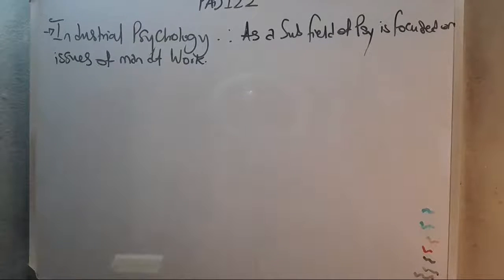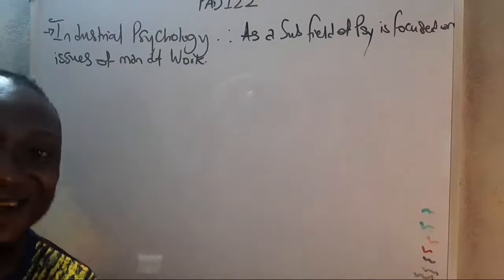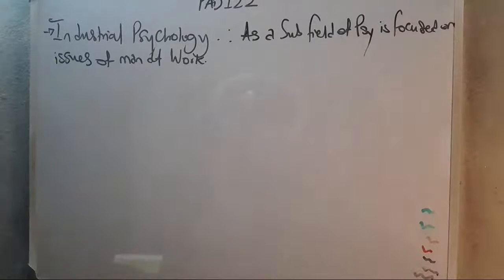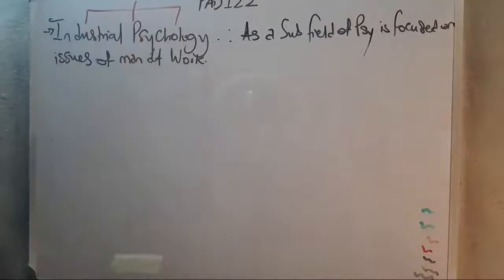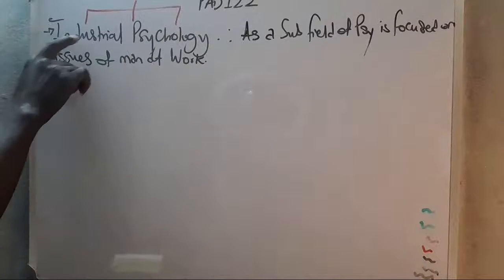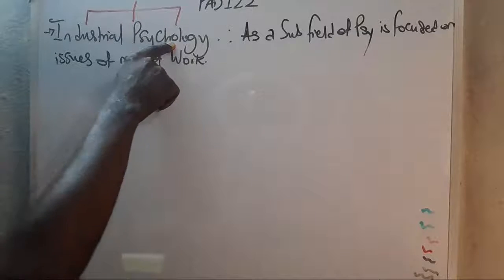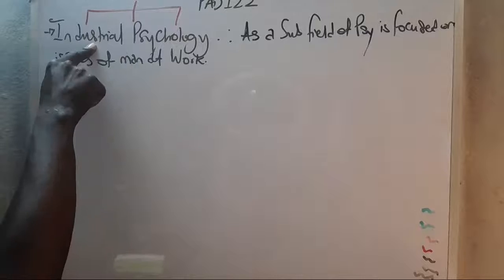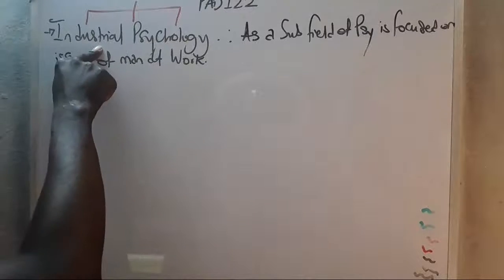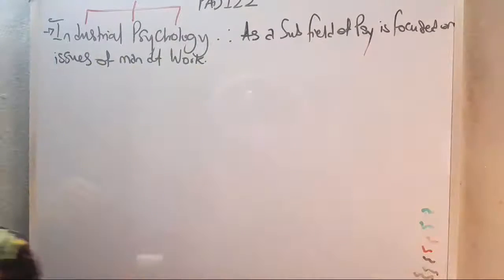Now, the term psychology. Before we talk, don't forget that industrial psychology is a combination of two words. Psychology here on its own is a word. Industrial, speaking of industry, is another entity on its own.